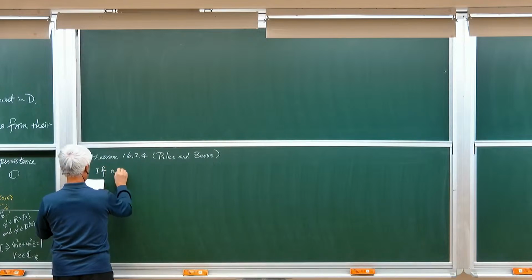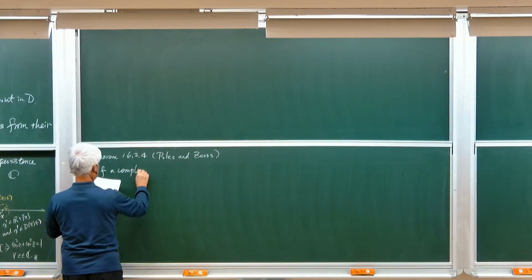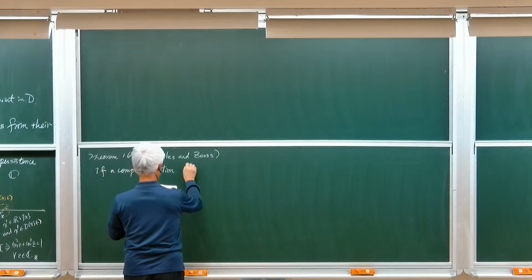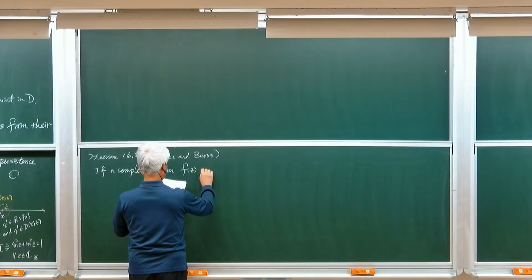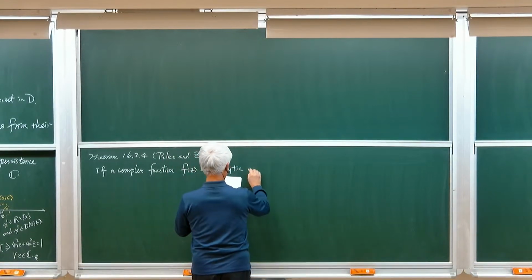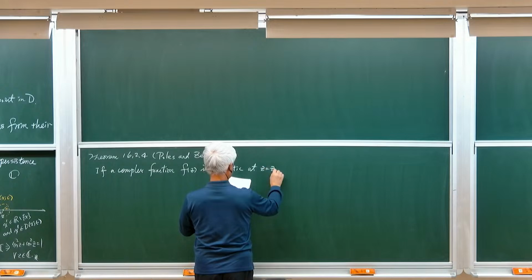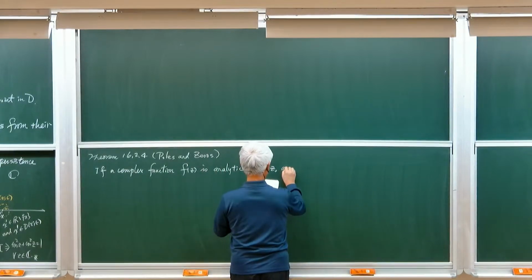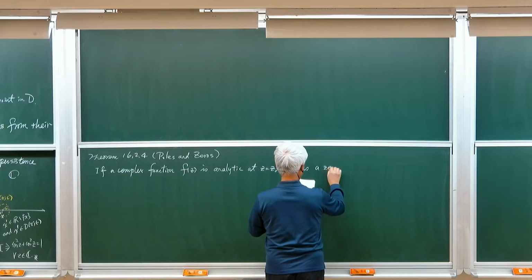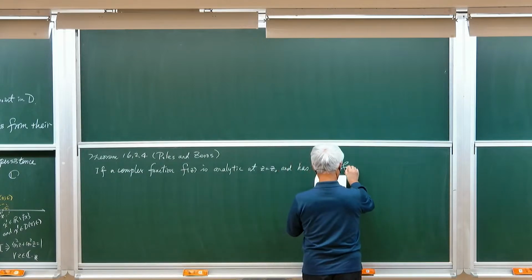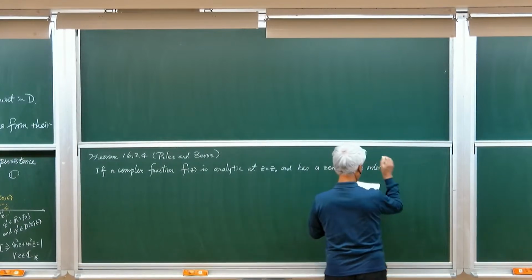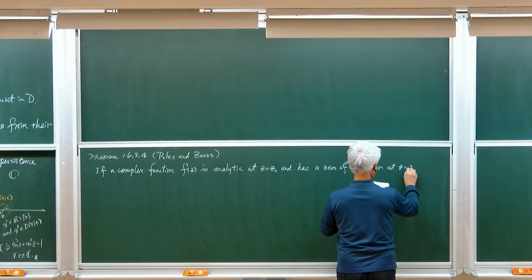So if a complex function f(z) is analytic at the point z equal to z0 and has a zero of mth order at z equal to z0.